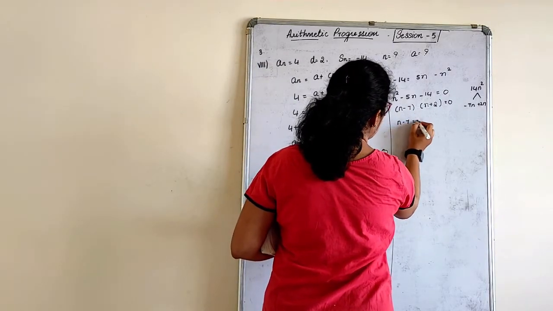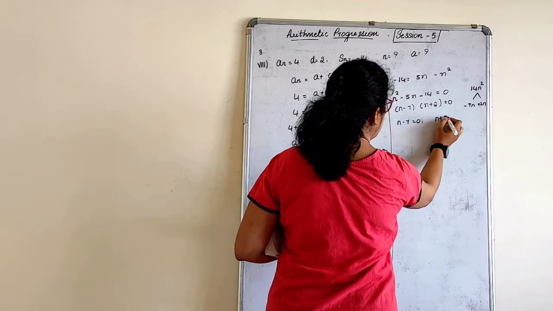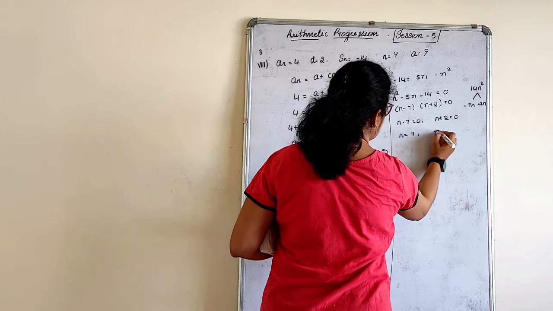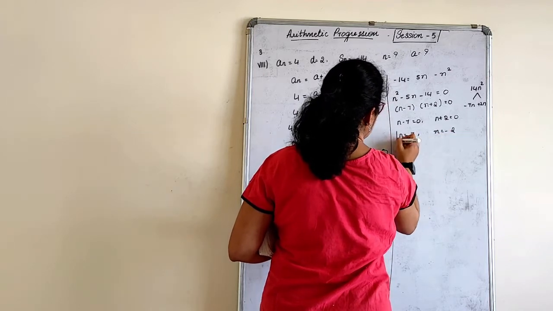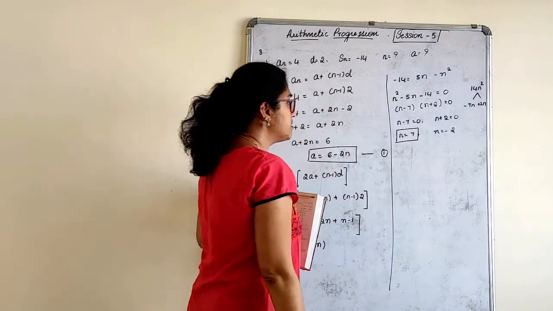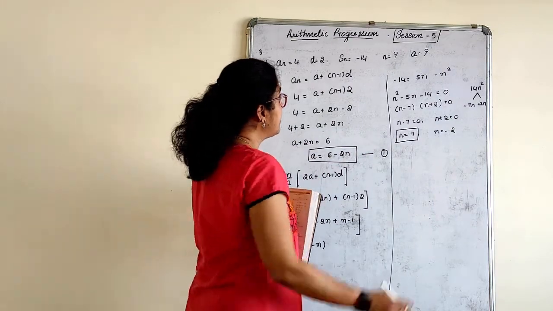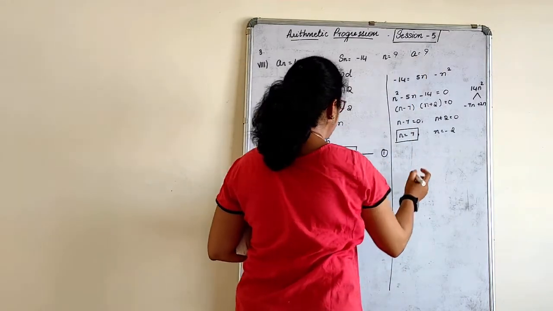So n minus 7 is equal to 0, n plus 2 is equal to 0, n is equal to 7 and n is equal to minus 2. Since the number of terms cannot be negative, n is equal to 7. We are done with n. Let's find a.